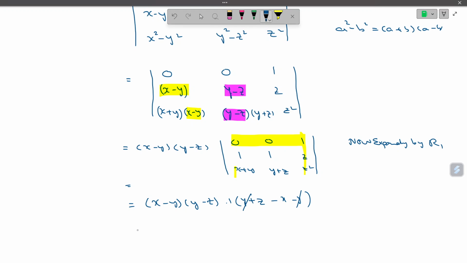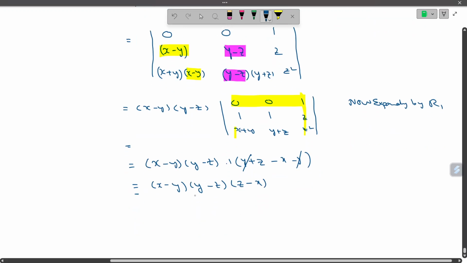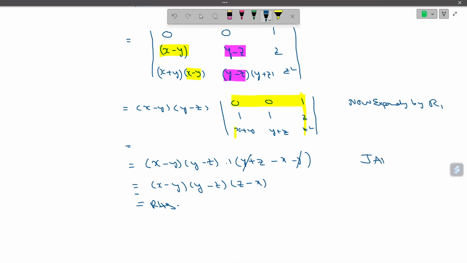Minus y plus y getting cancelled. So therefore x minus y, y minus z, minus x. That is our right hand side. Hence showed or proved. It appeared in January 2020. Please make a note.